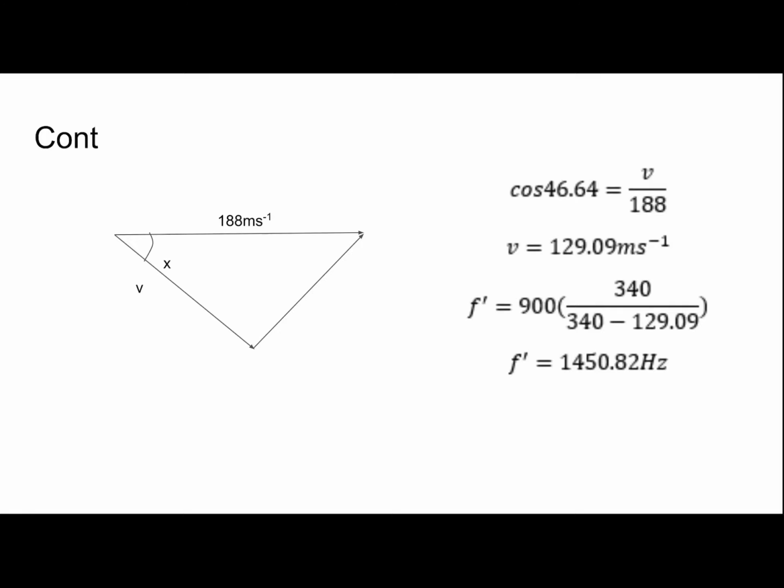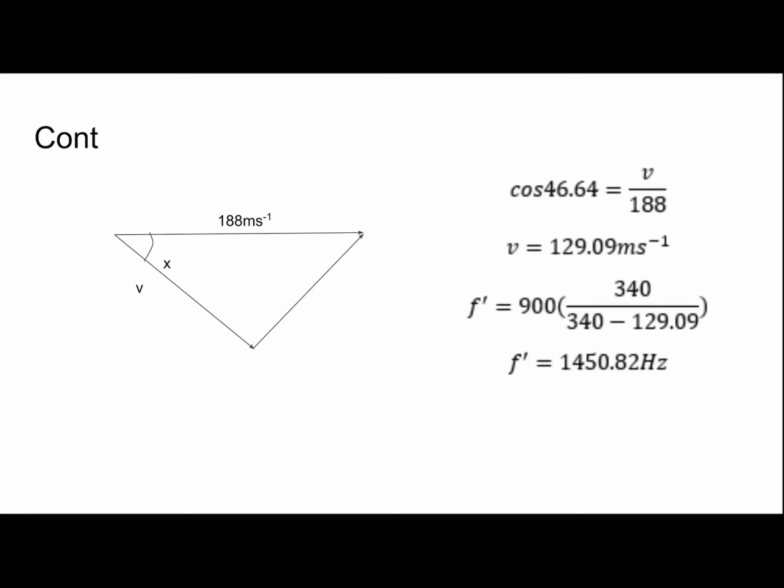That comes back to our basic Pythagoras: cos is adjacent over hypotenuse, so adjacent is the velocity side we want to find, and the hypotenuse is our 188 meters per second. Rearranging for V, we'll find that V is 129.09 meters per second. And this 129 meters per second is the actual relative velocity of the plane to Kevin. Therefore we can use this in our Doppler equation.